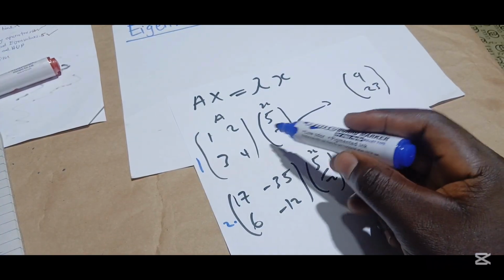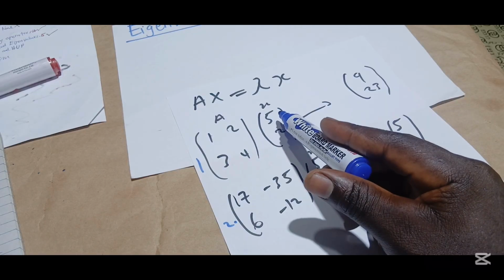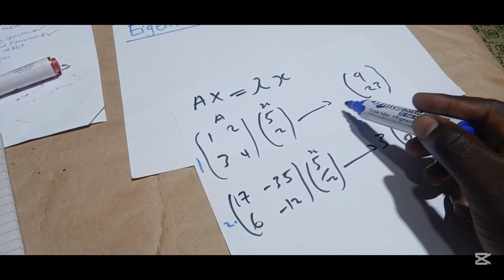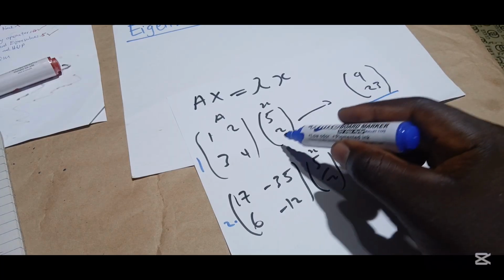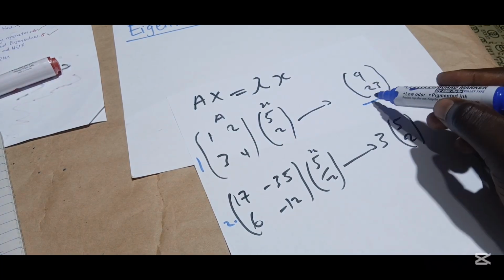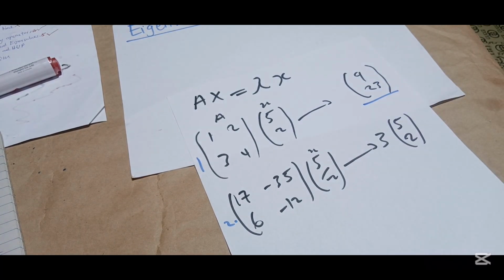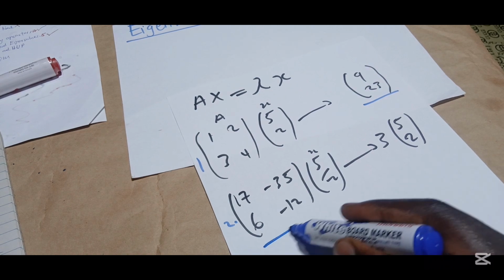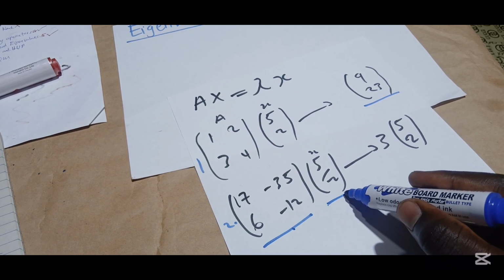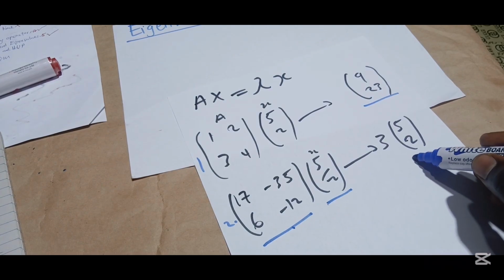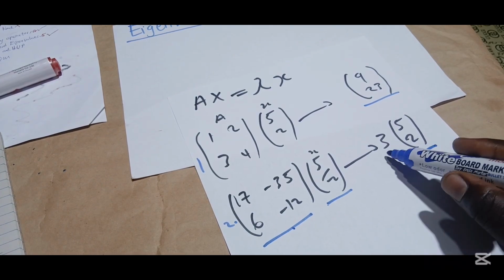From the first case, we've seen that multiplying the matrix with this vector, we transform the vector into a new vector. So this vector 5, 2 is now transformed to 9, 23. But for the second matrix, after we multiply it by our vector, we got the same vector with a factor.